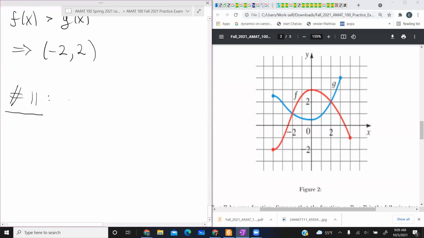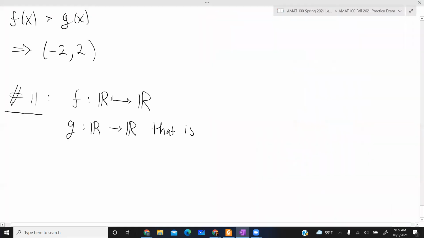So we are given some function F from the reals to the reals. And then G is another function from the reals to the reals, that is some transformation.